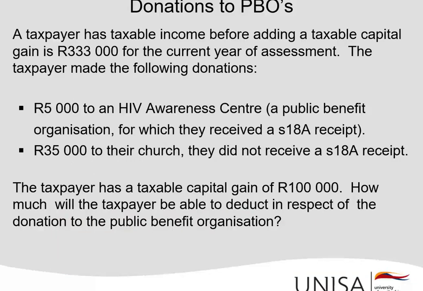I've provided you with an example of a taxpayer who, before adding taxable capital gains, has a taxable income of 333,000 Rand. They make 2 donations, and the question gives us information of the taxable capital gain, and then asks us how much the taxpayer will be able to deduct in respect of the donations to the public benefit organization.